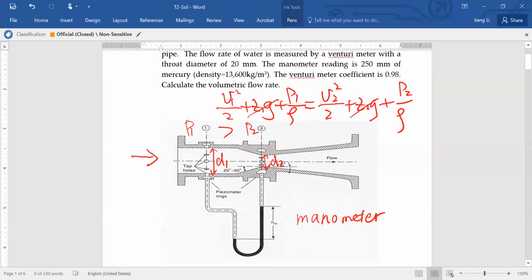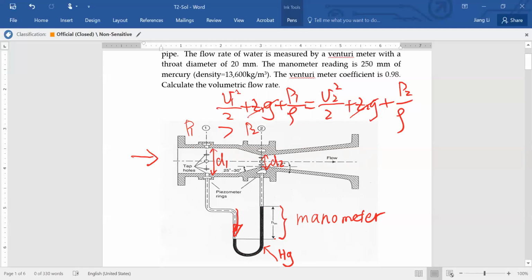Now the P1 is higher, right? So this pressure will push the liquid here. Usually the indicator liquid we use, with a higher density, will be mercury, so that the P1 will push the mercury to rise up here. So you will have a reading here, okay?